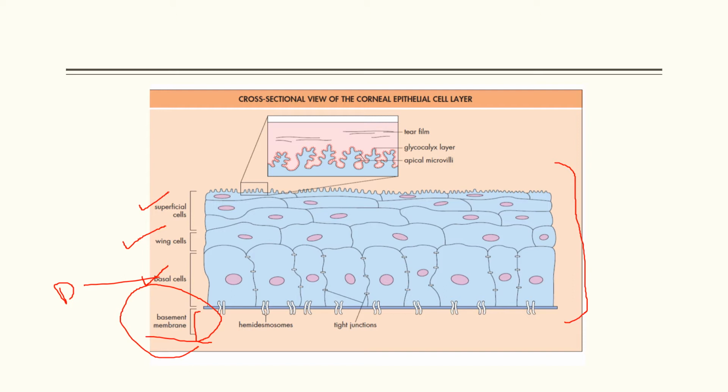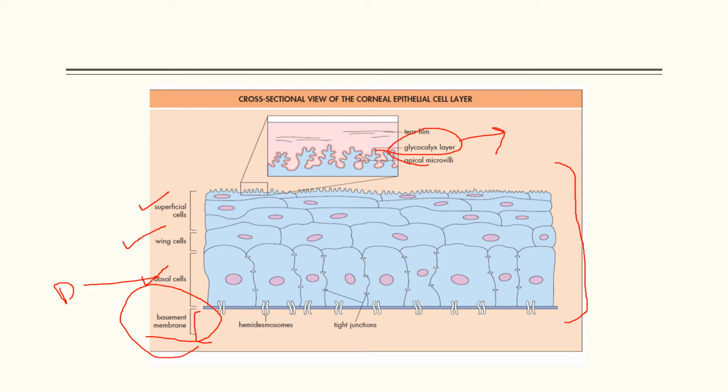Right? Now if we see this under the microscope, in a more modified view, these are the apical microvilli. These are basically the projections. Now these projections increase the surface area of the superficial cells and this is covered by this glycocalyx layer. Now what is the purpose of this glycocalyx layer?